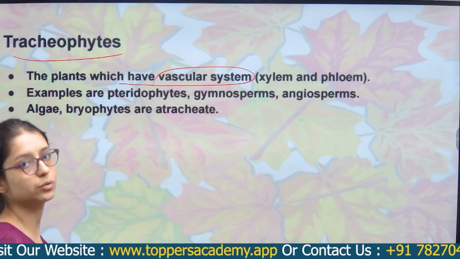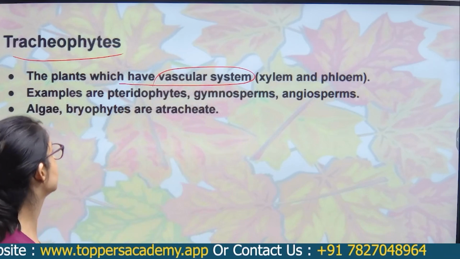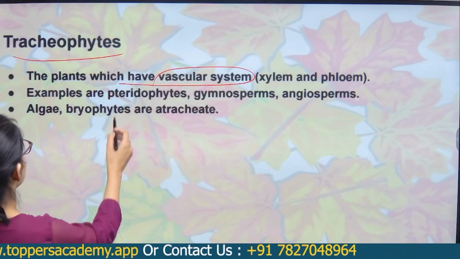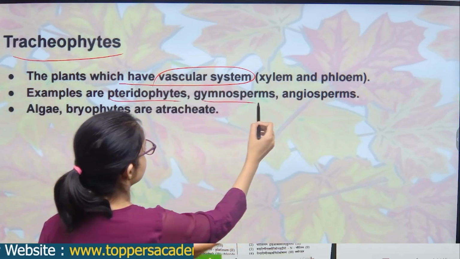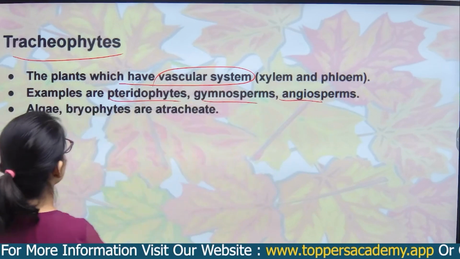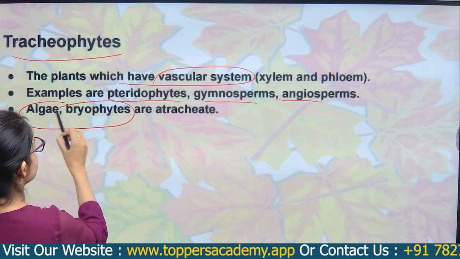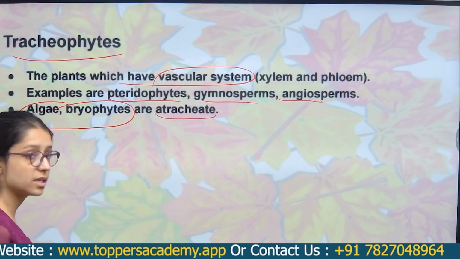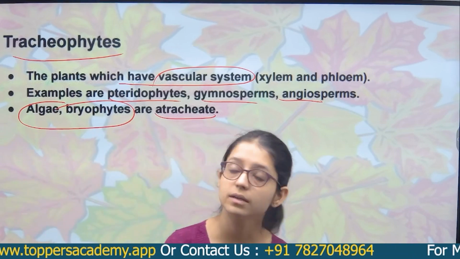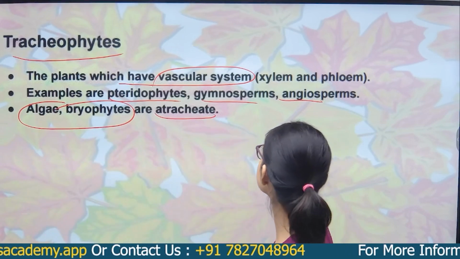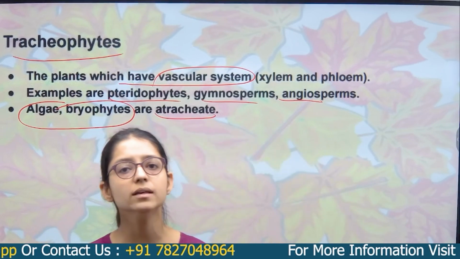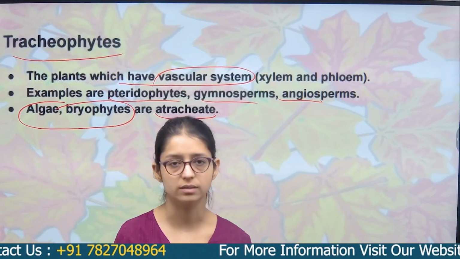The vascular system includes xylem and phloem. Examples are pteridophytes, gymnosperms and angiosperms. So algae and bryophytes are atracheate, meaning they do not have a vascular system, xylem and phloem, because they live in water.